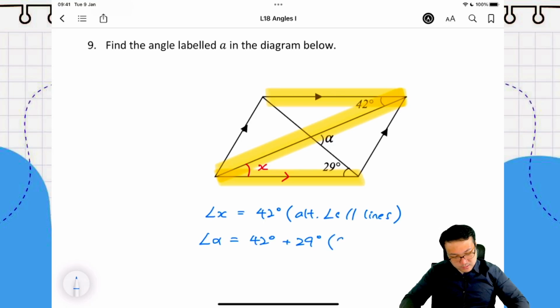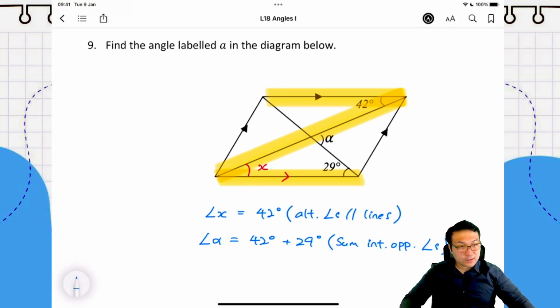The rule is sum of the what? Interior. Then what is this word? Opposite. Angles. Okay? Very good. Well done.